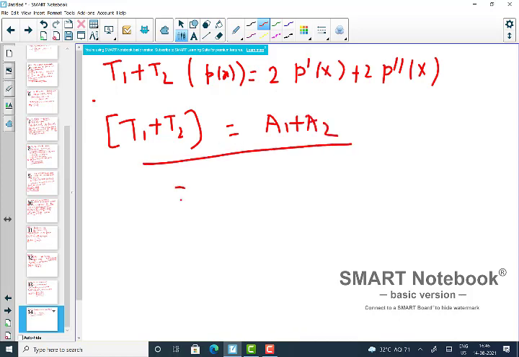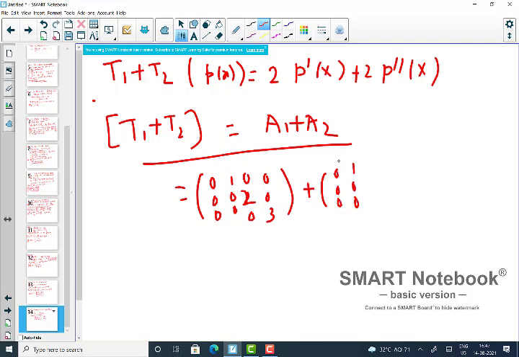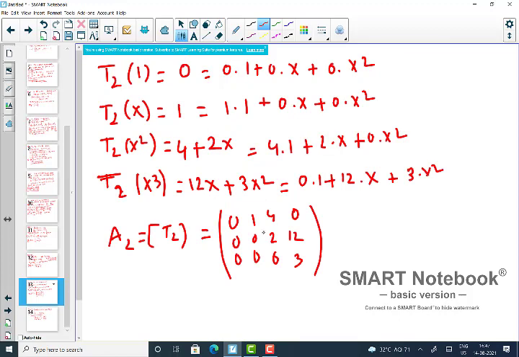And what is A1 plus A2? A1 is 0, 0, 0, 1, 0, 0, 0, 2, 0, 0, 0, 3. A2 was 0, 0, 0, 1, 0, 0, 4, 2, 0, 0, 12, 3, right?